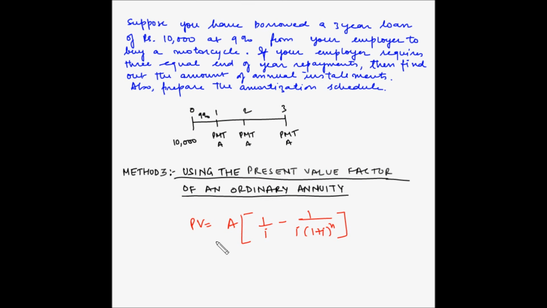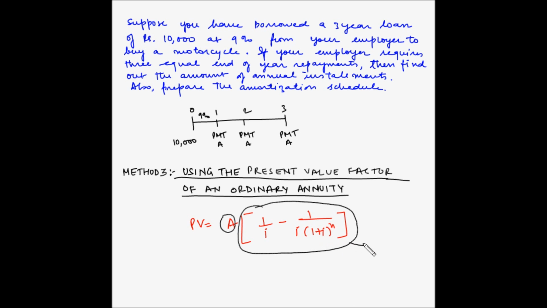Now in the second method, we had used this formula to find out the value of the payments. Now this formula can be broken down into two parts. One is this part, which is the annuity amount, and the second is this part, which has the variables, number of years, and the rate of interest.